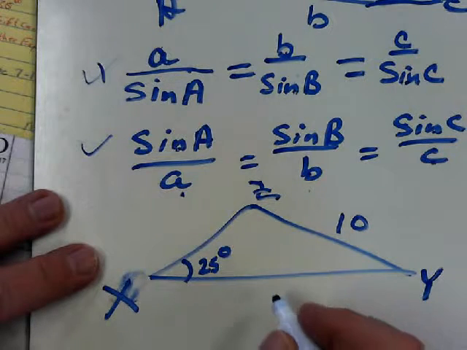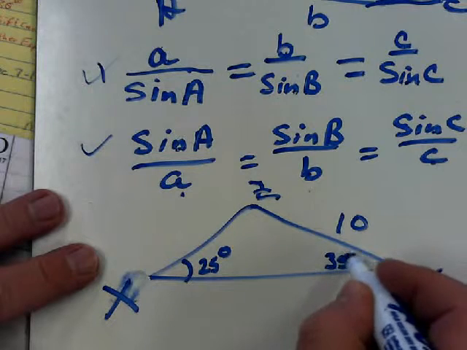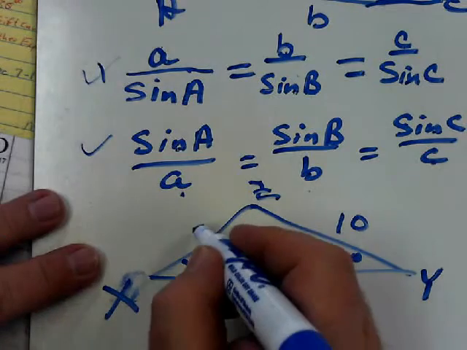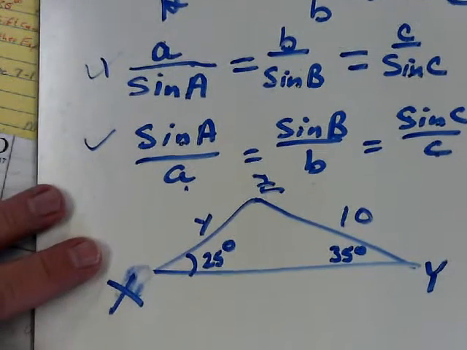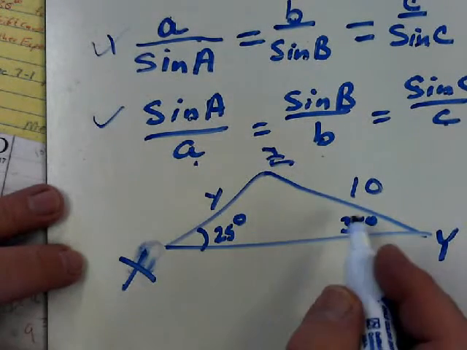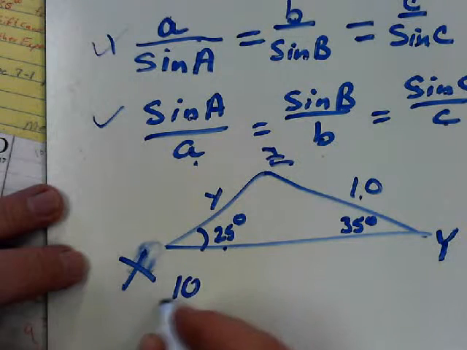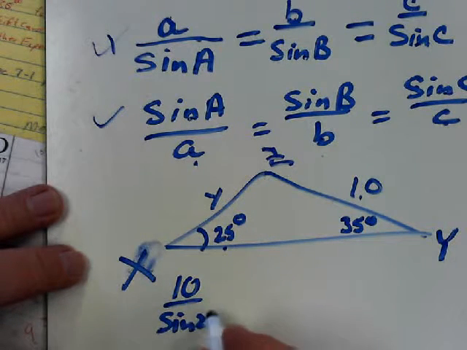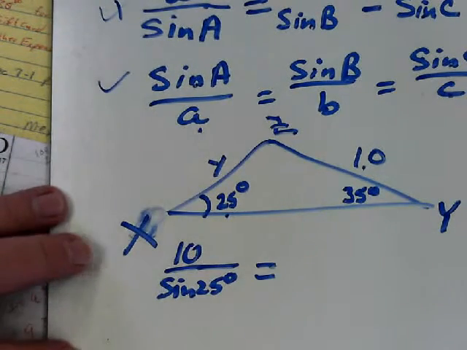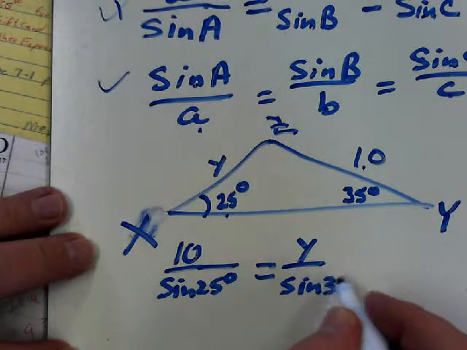And I know this side has an angle of 35 degrees. Can I find Y? Yes. Absolutely. By setting up the following ratio: 10 over the sine of 25 degrees would have to equal Y over the sine of 35 degrees.